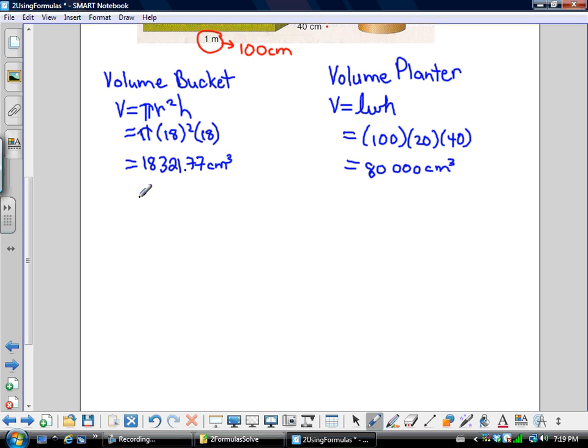So again, I'm going to use some English. I'm going to calculate the number of buckets. And when I'm calculating the number of buckets, I know that's going to equal the volume of the planter divided by the volume of the bucket.